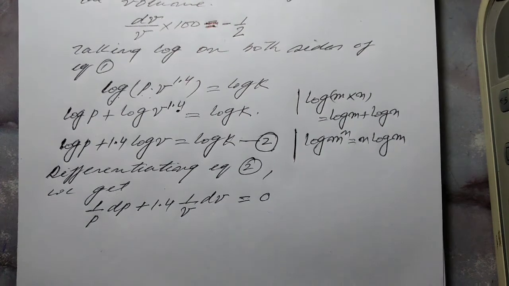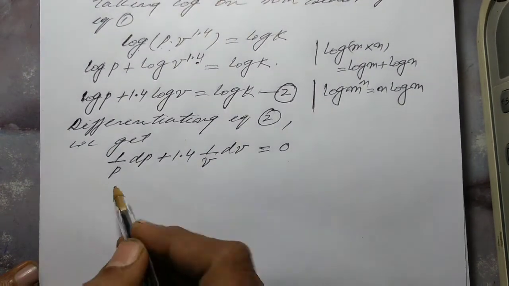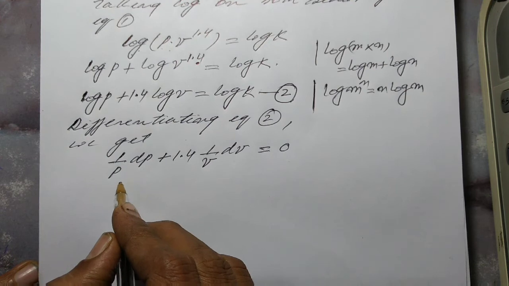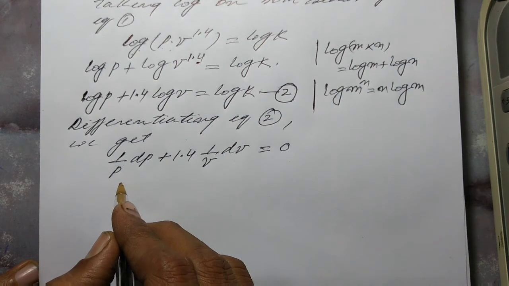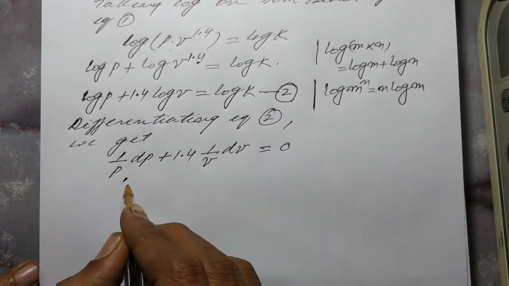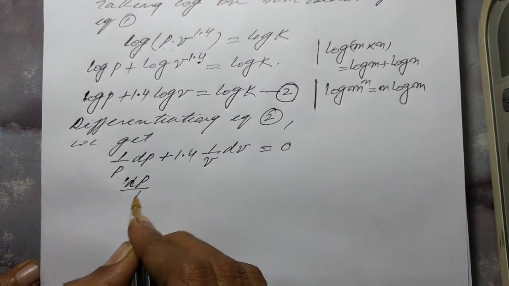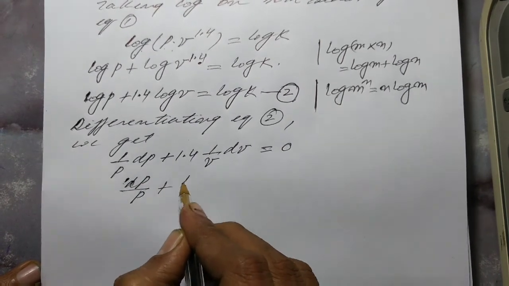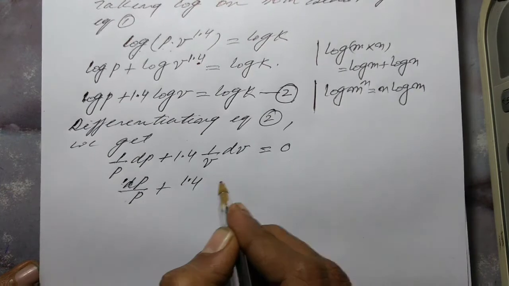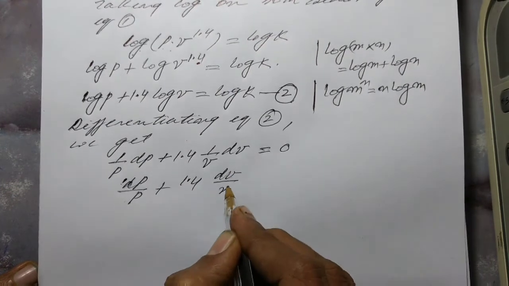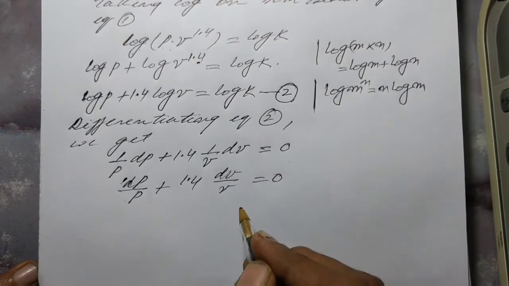So we get this. Now this may be written as dP upon P plus 1.4 dV upon V is equal to 0.